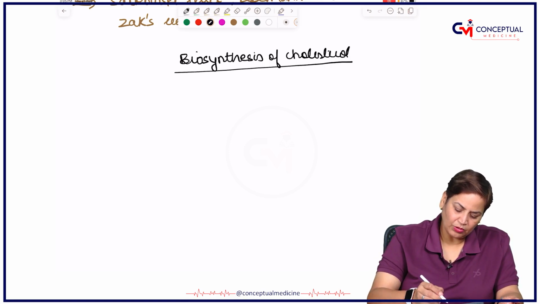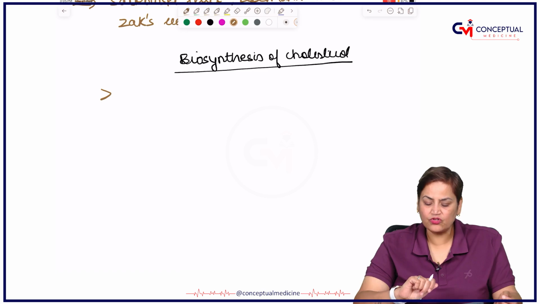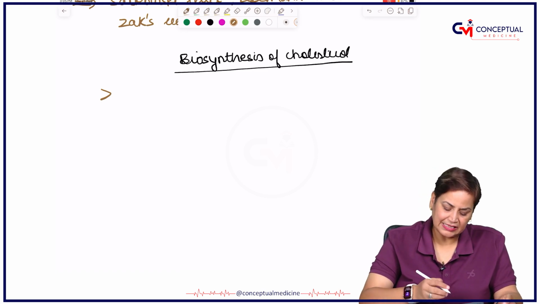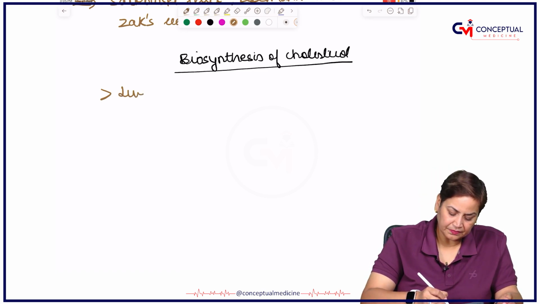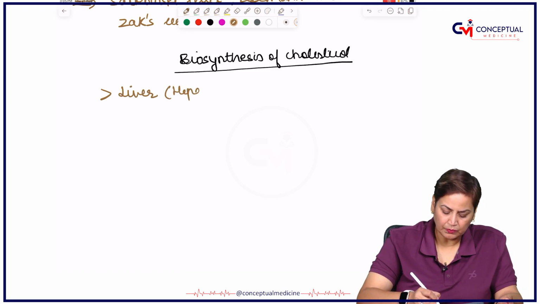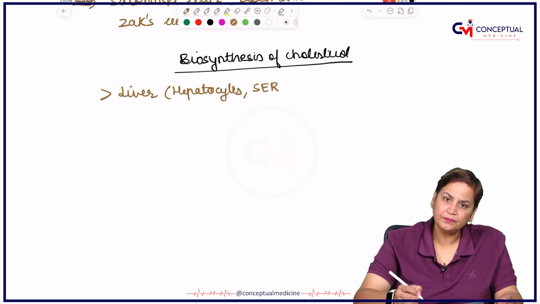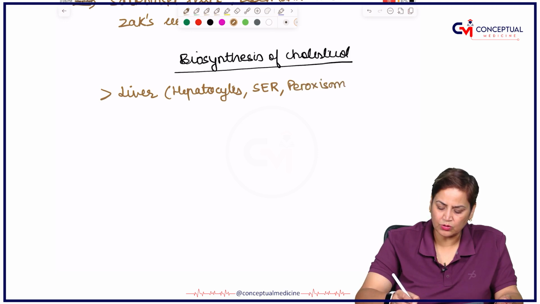The site of cholesterol biosynthesis is the liver, in the hepatocytes, in the smooth endoplasmic reticulum, and to some extent some books give peroxisomes also.